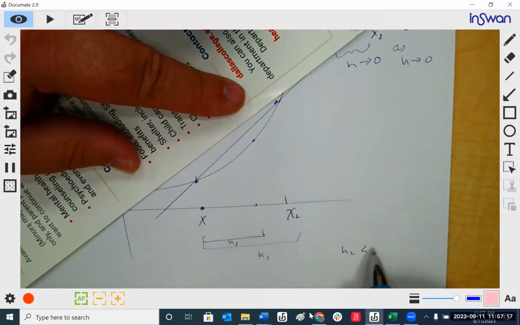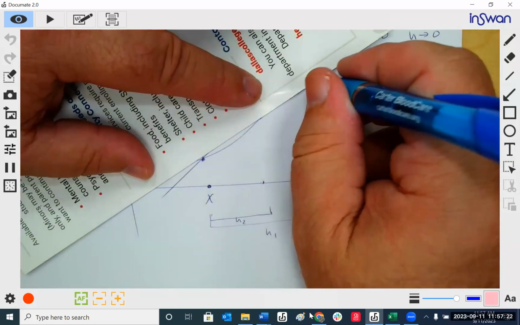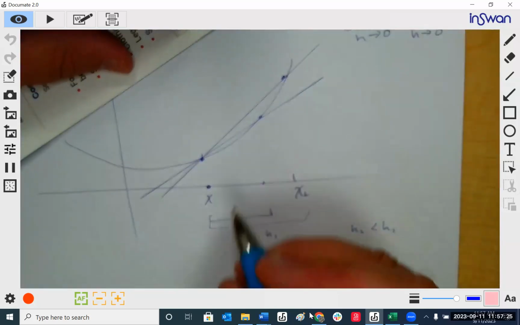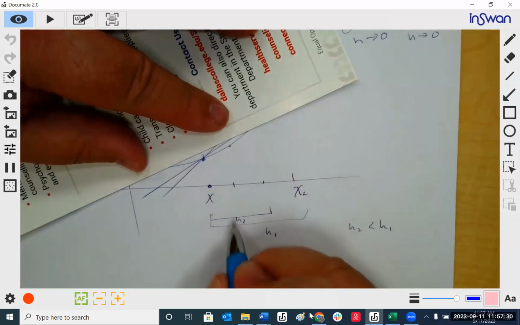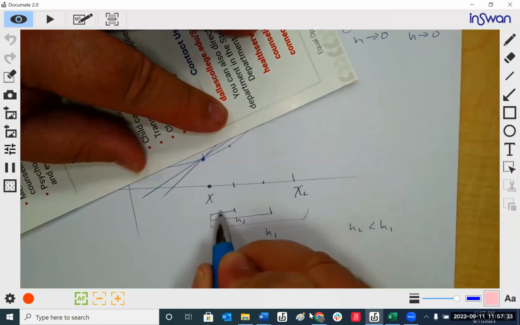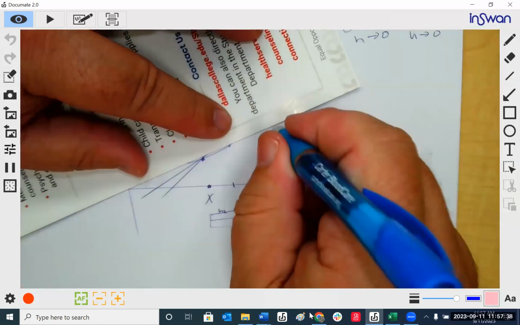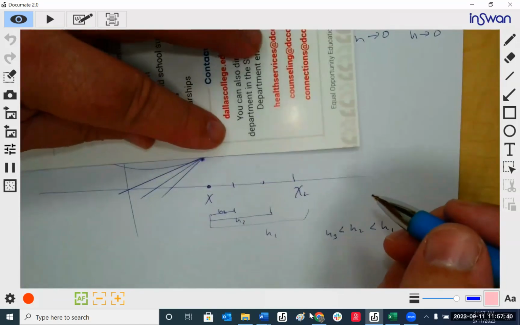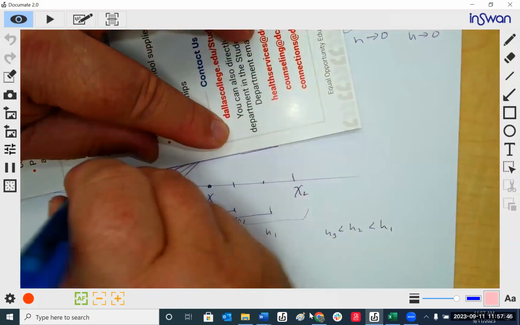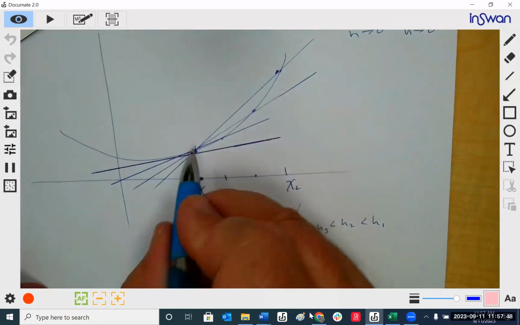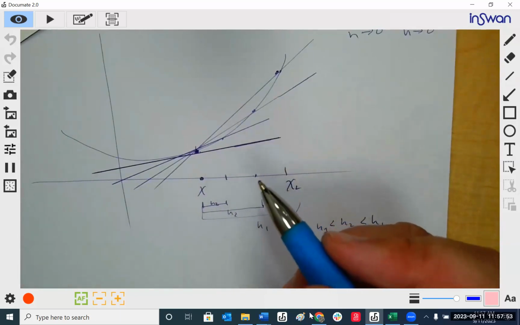So h2 is less than h1. We'll cut that in half. h3 is even smaller. Eventually, when there are no more h's, what we have now is the slope of the line tangent to that curve at one and only 1 point. That's the rate of change.